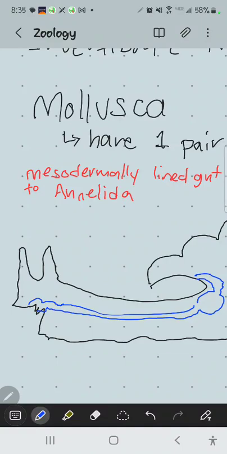It's commonly called a gill, but for mollusks it's a unique structure because it is a gill that hangs in their mantle cavity. That gill is associated with a pericardium or heart.